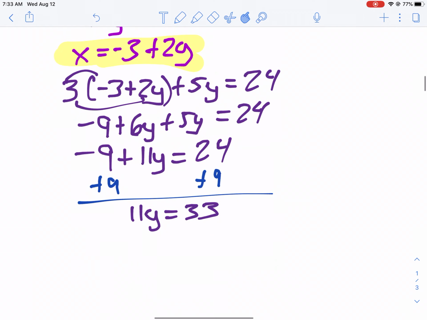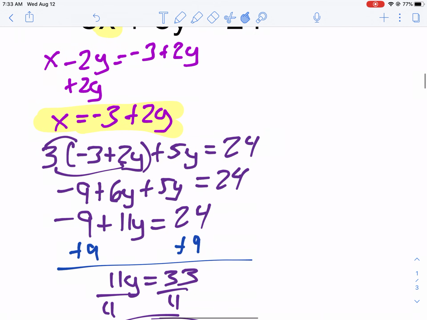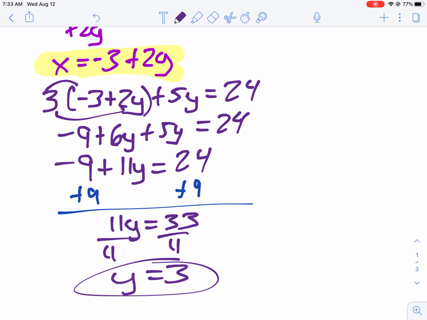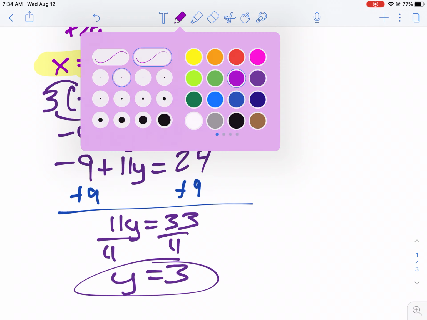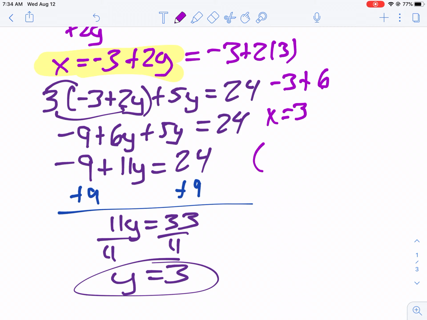Divide both sides by 11. y equals 3. Now we know y. Let's use that to solve for x. So I'm going to go back up here, and instead of writing y, I'm going to say negative 3 plus 2 times 3. Well, that's negative 3 plus 6, which is 3. So x equals 3, y equals 3, so I'll write that as an ordered pair.